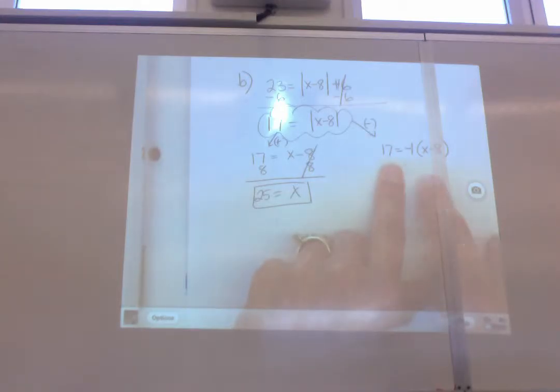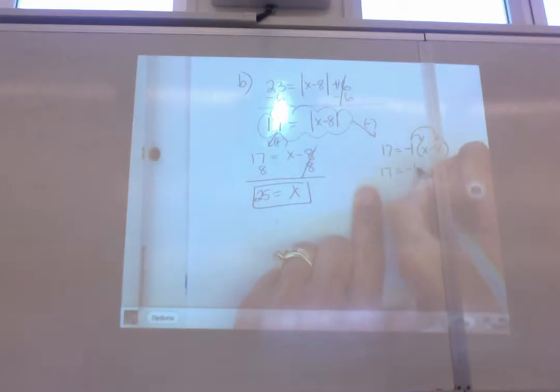Okay, distribute. Times by a minus, times by a minus. Distribute means if you have something in front of the parenthesis, you have to multiply it through every term. 17 equals negative 1x. What happens when you go negative 1 times negative 8? Positive 8.